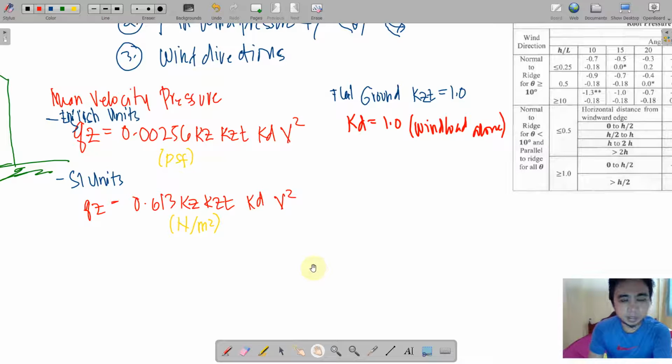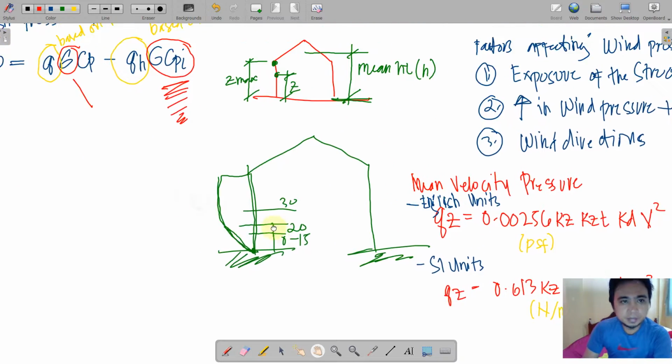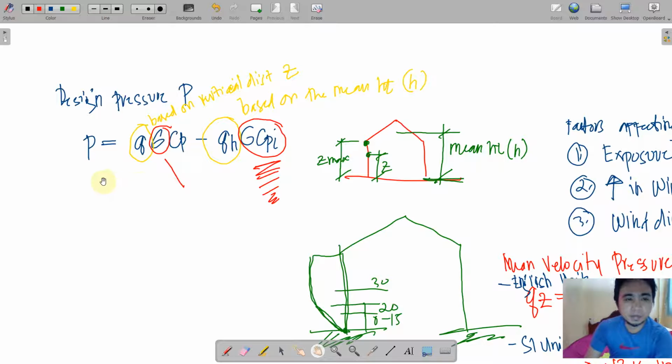But in the rigid structure, kapag rigid, matibay, anong mangyayari? Like mango tree, it will collapse because yun nga, wala siyang swaying effect. Okay, so going back to this, we are in this equation, so we are done.